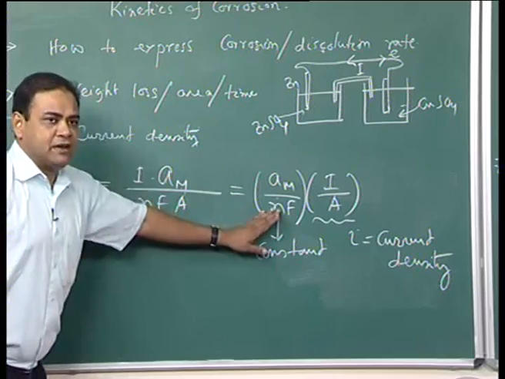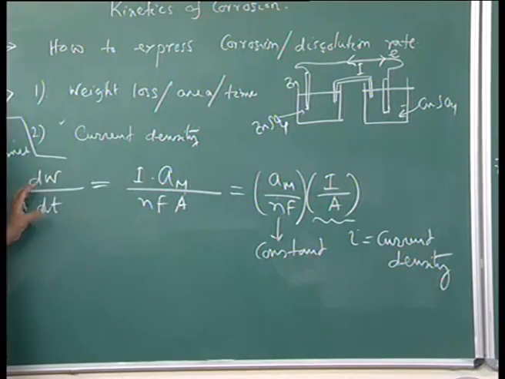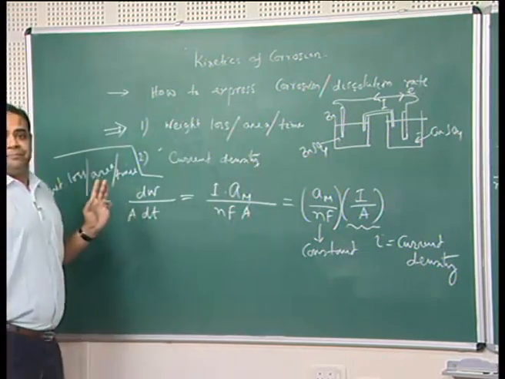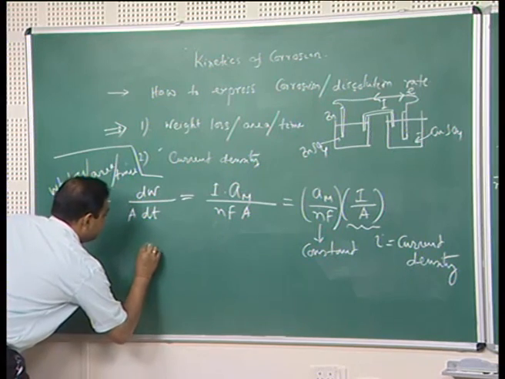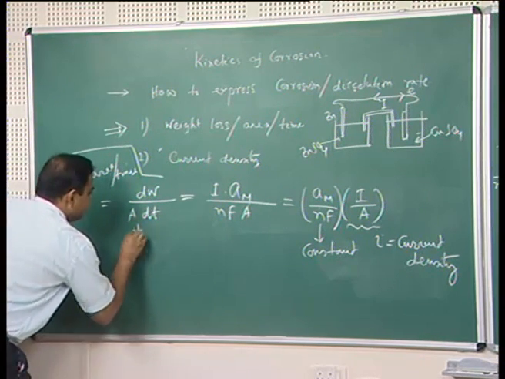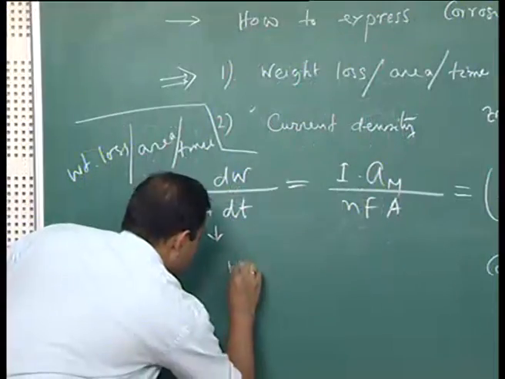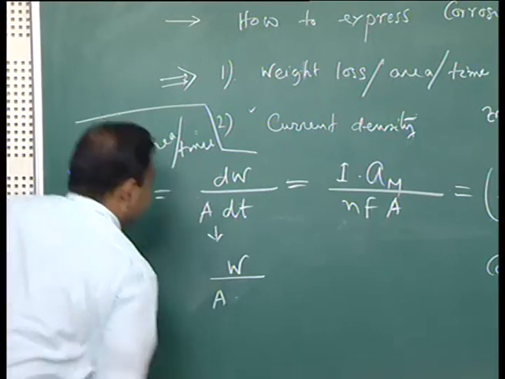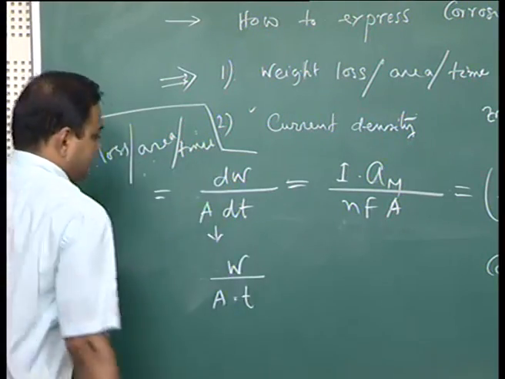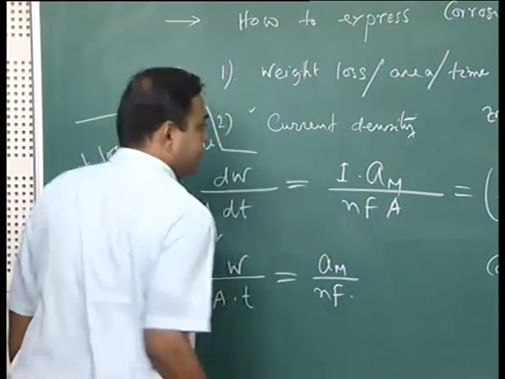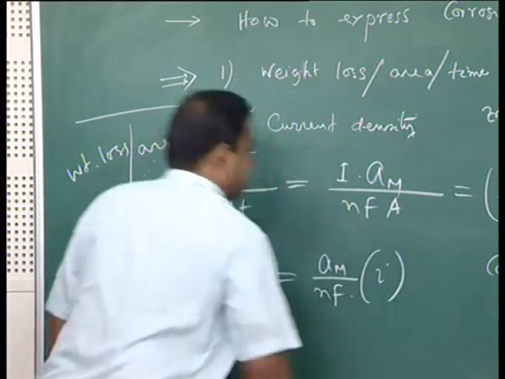Now, if this is a constant, from this relation it is pretty clear that the corrosion rate is proportional to current density. So, if we remove the dW/dt term and integrate with respect to time, we get W divided by area into time equal to AM by nF into i.